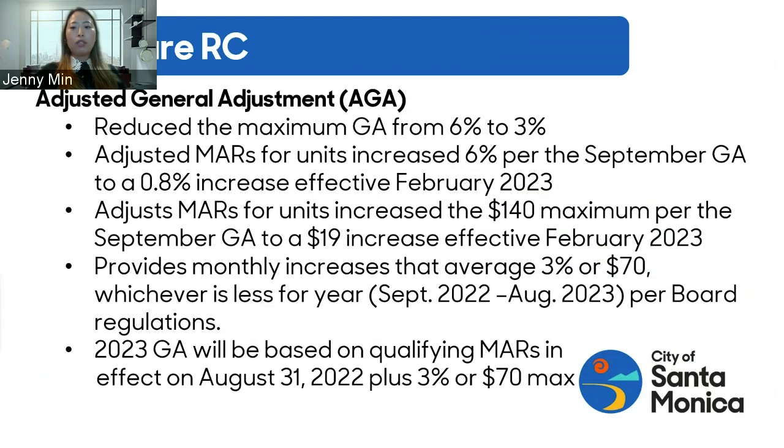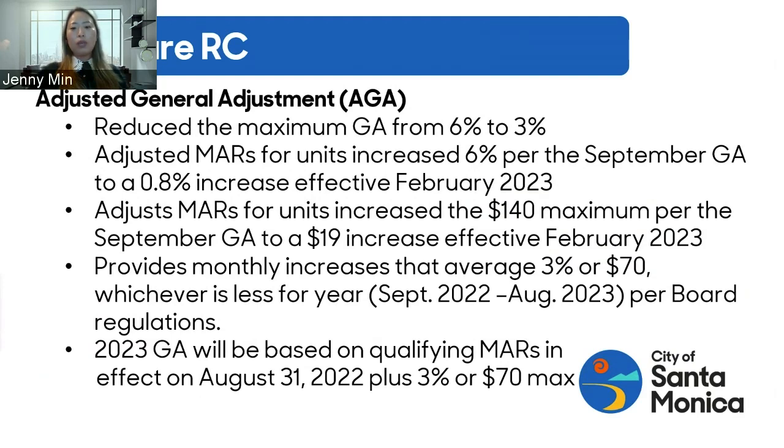The adjusted MAR for the units increased the $140 maximum per September GA to a $19 increase effective February 2023. So essentially, the increase went from 6% down to 0.8% so that it could average out to 3% in the course of the year. And the year in rent control starts in September and ends in August.